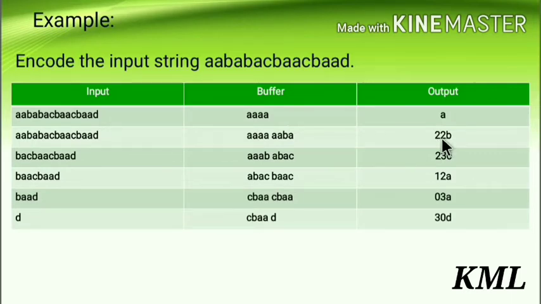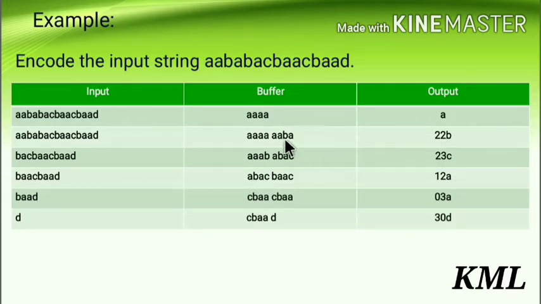Next, the second parameter is the length of the match. I have 2 characters matching, so the length is 2. Now this is the mismatching character after the match. For writing this, you refer to the right hand side buffer and see the letter after the match. You have a match here, these 2 A's, so after that, whatever character is there, you write it here.